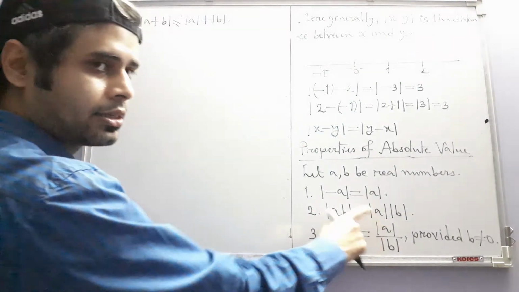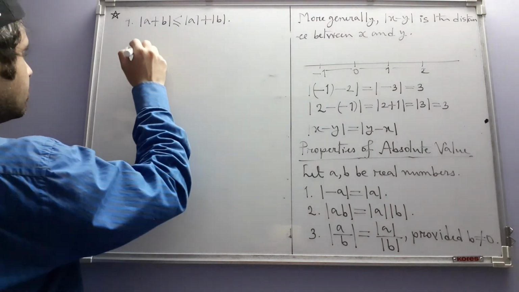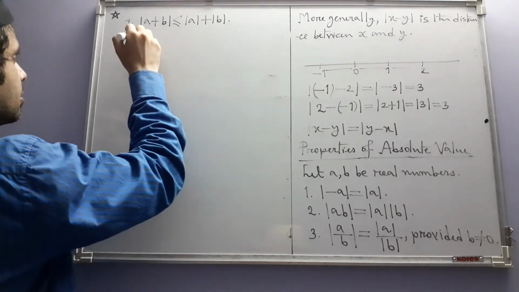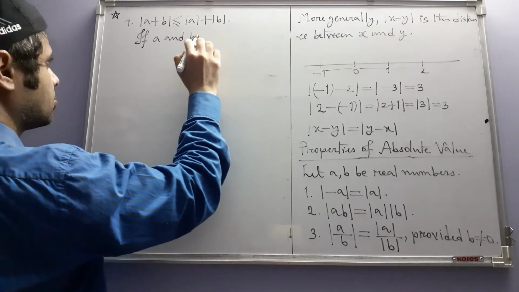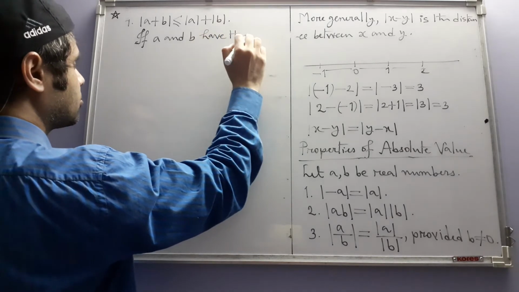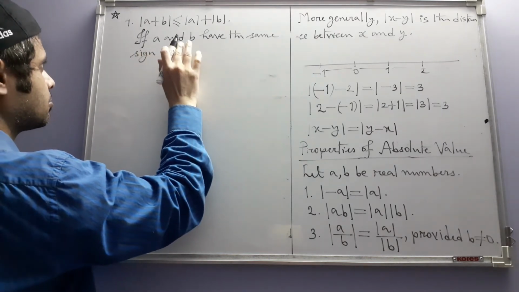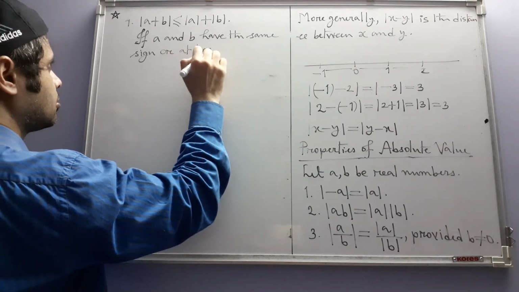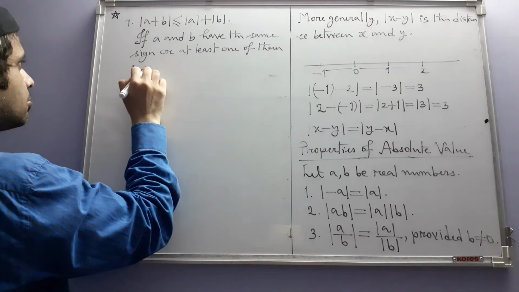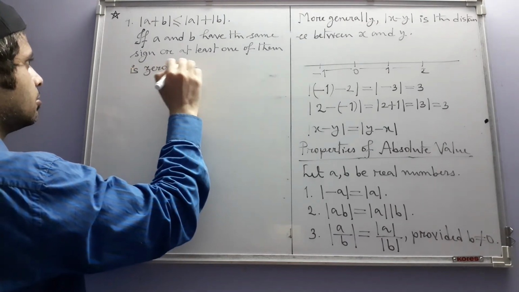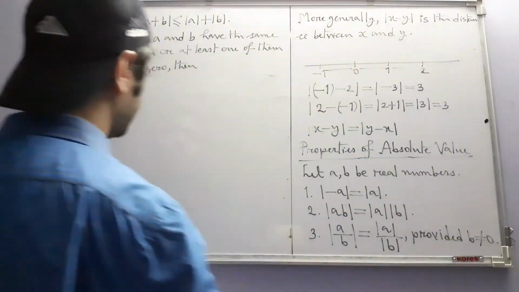So unlike multiplication, when we take addition, we don't have equality, we have in general an inequality, and we can say when equality occurs precisely if a and b have the same sign, or at least one of them is 0, then instead of writing equality occurs, we can write this.